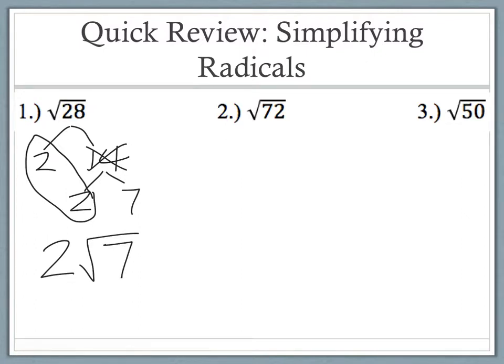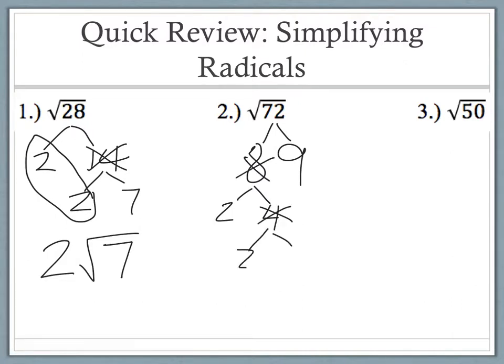Let's simplify square root of 72. Well, I know 2 goes into both of those. I also know that this could be 8 and 9. You could do 2 or you could do 8 and 9. You should still get the same answer. Well, 8 is 2 and 4. And then 4 is 2 and 2.